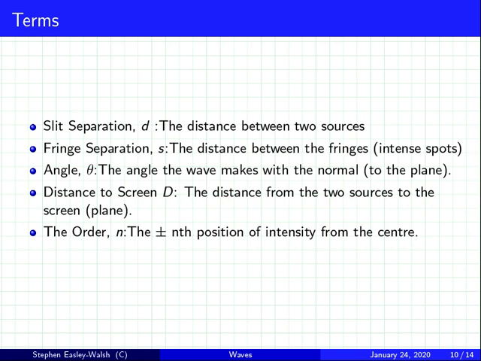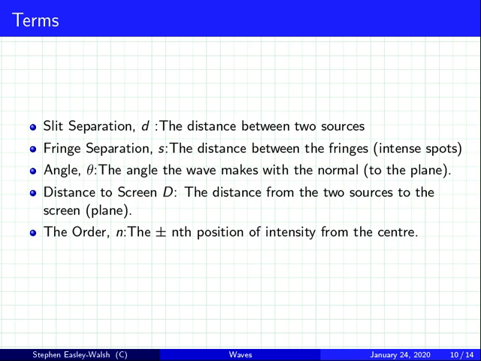Would the intensities be the same at N1 and N-1? Yeah, it should be symmetric. But are we always assuming the light source is in the middle of the two slits? Yes, and that it's perpendicular to the screen and all that.